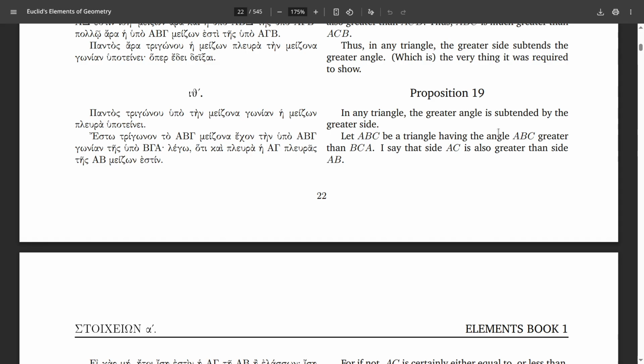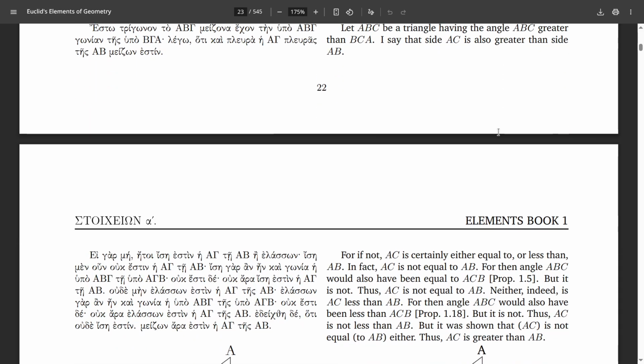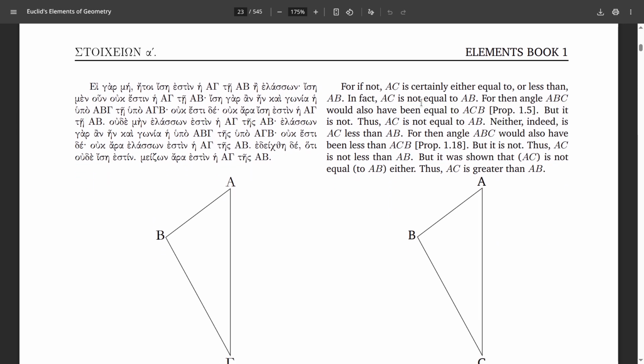So from the perspective of the angle, it's subtended by the greater side. Or if not, this is an if-not conjecture: AC is certainly either equal to or less than AB.